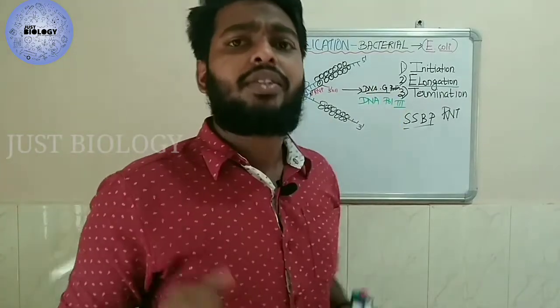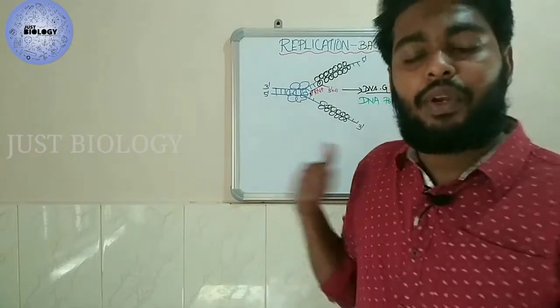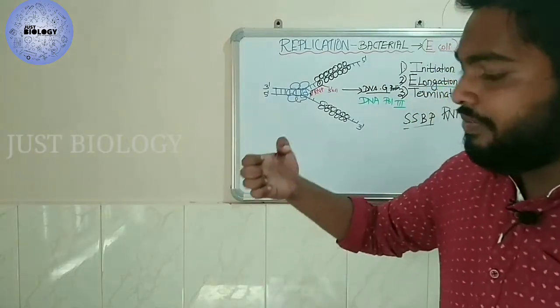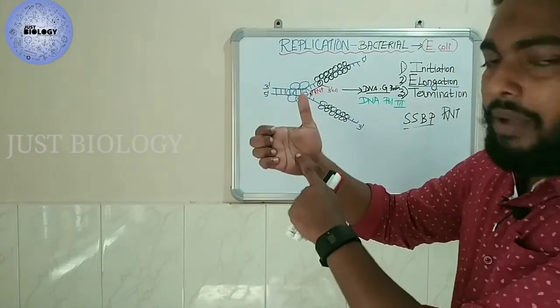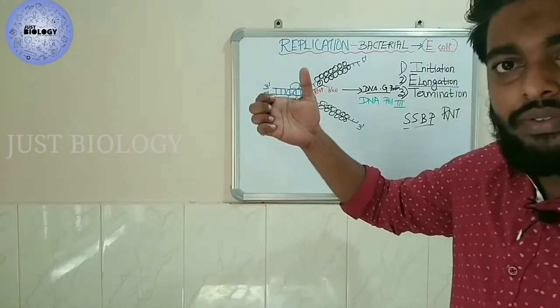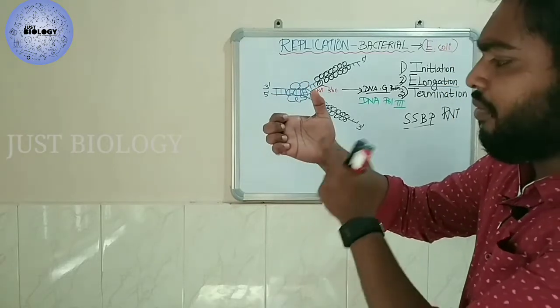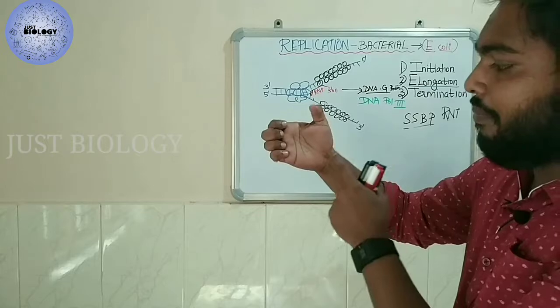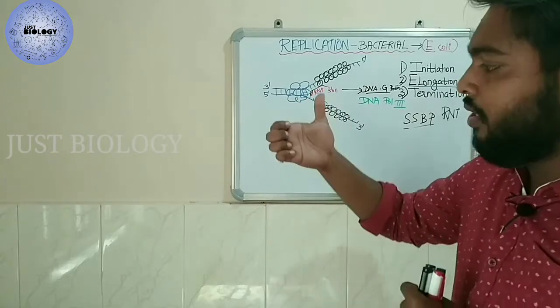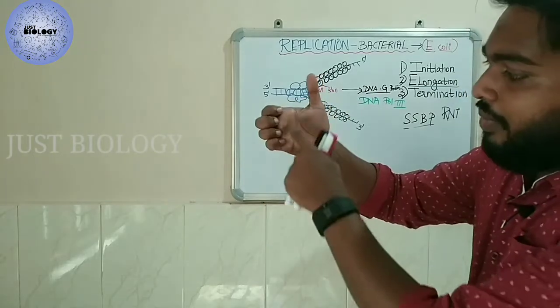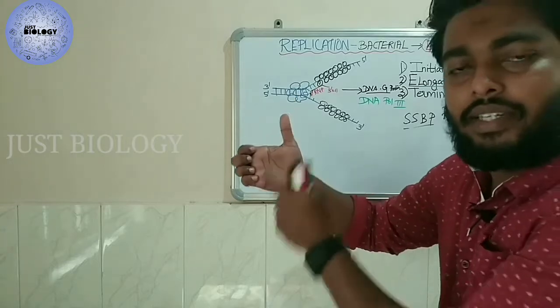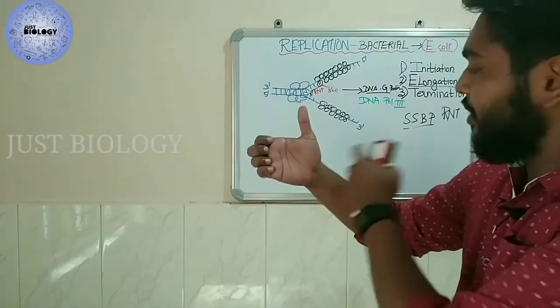Now just remember the structure of the DNA polymerase. This is thumb, palm and finger. The structure resembles a hand-like structure: the thumb, palm, finger. So here we can say this is the catalytic center or the catalytic region of the polymerase.